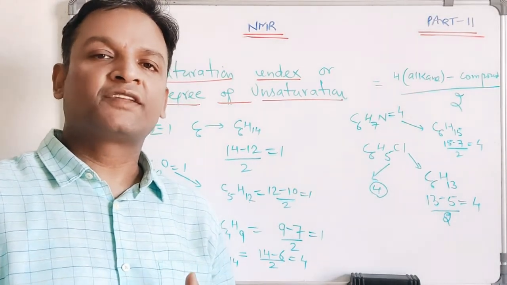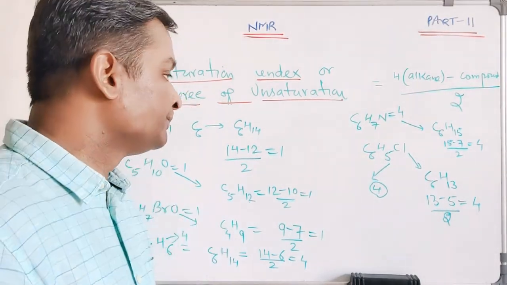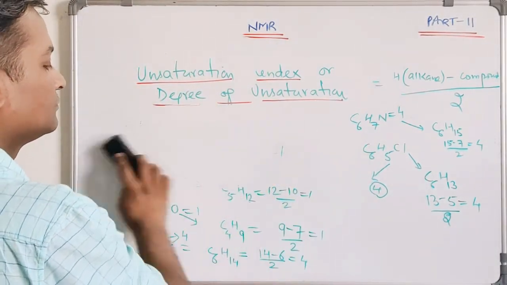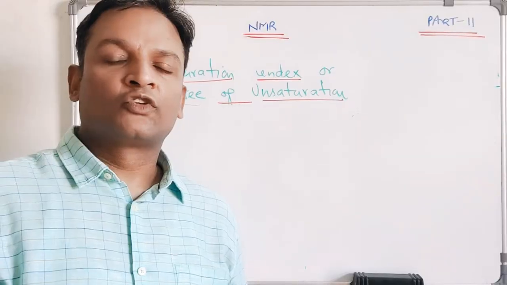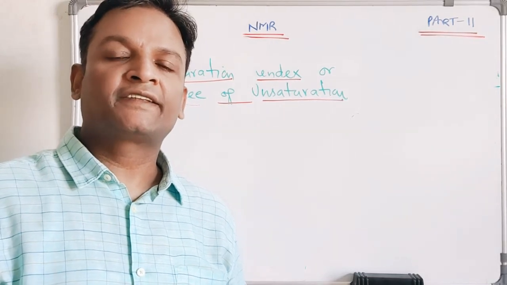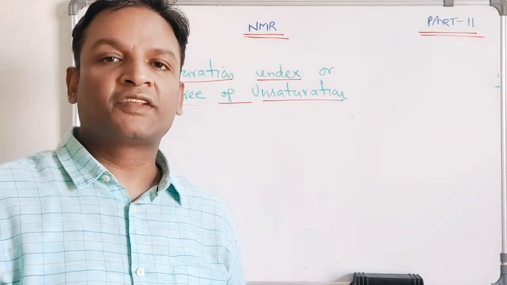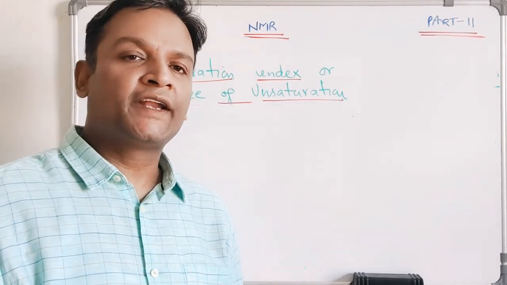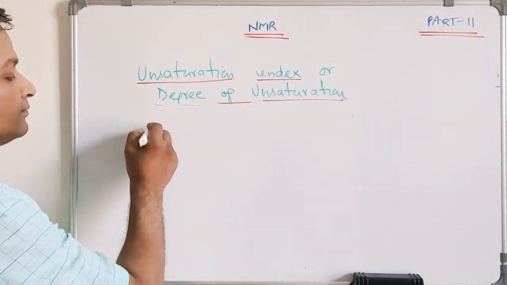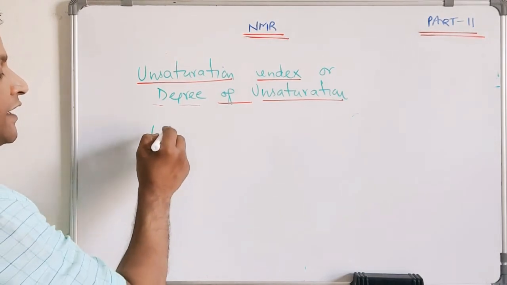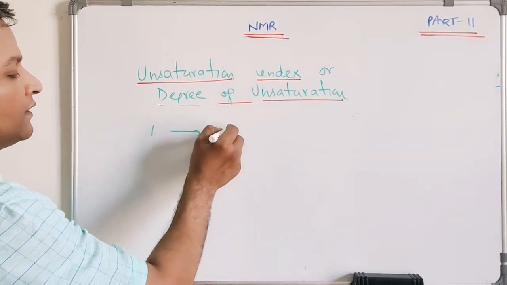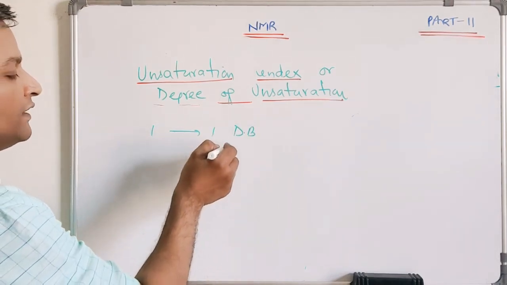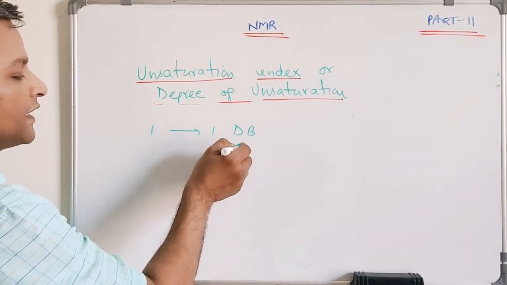Now see what the significance of the unsaturation index is. After finding the unsaturation index, remember, if the unsaturation index is equal to 1, it means the compound contains one double bond or one cycle.